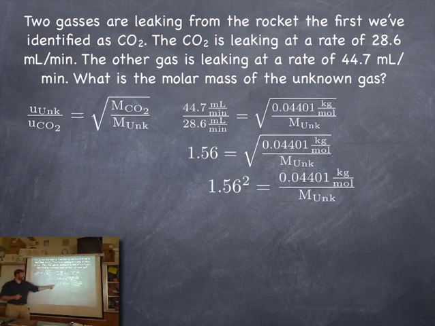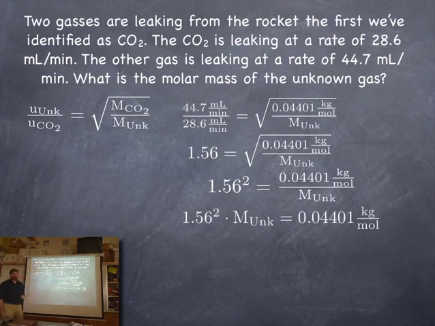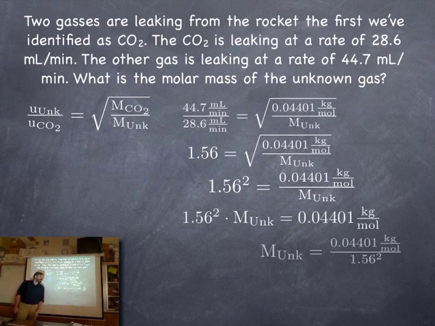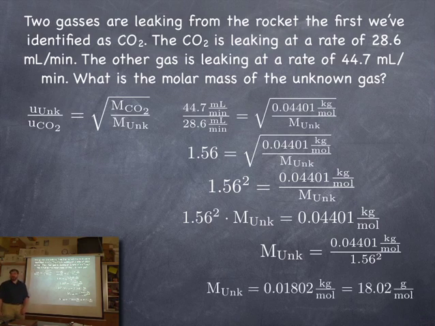So 1.56 squared equals 0.04401 kilograms, or 44.01 grams, over the unknown. Now I can move the thing I'm trying to solve to the other side by multiplication, then move the 1.56 squared back by division. And I'm going to get 18.02 grams per mole.